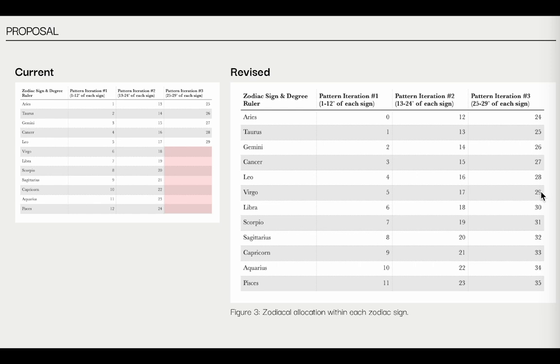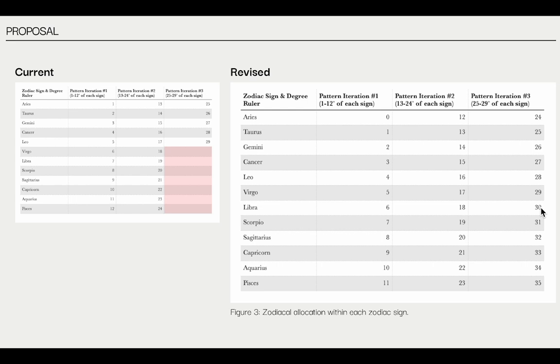And so here's the 29th degree. So now the 29th degree is ruled by Virgo, since we are now counting the 0 degree into the equation. And we are also starting with Aries at 0 degrees. And then you can see this goes past the 29th degree because, again, I want us to think about this as a continuous wave.